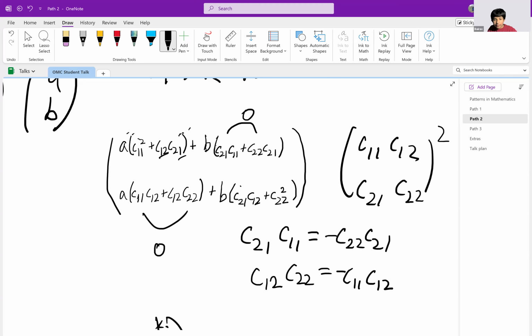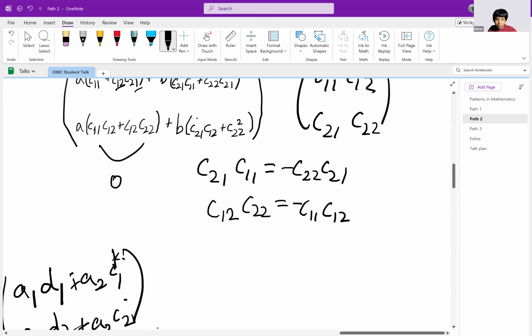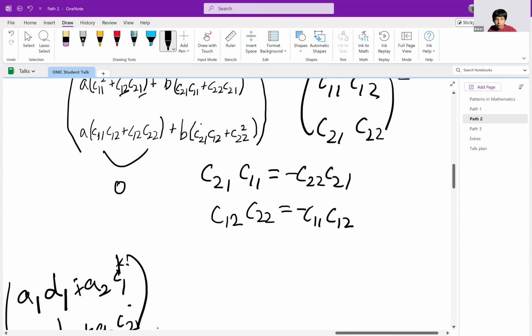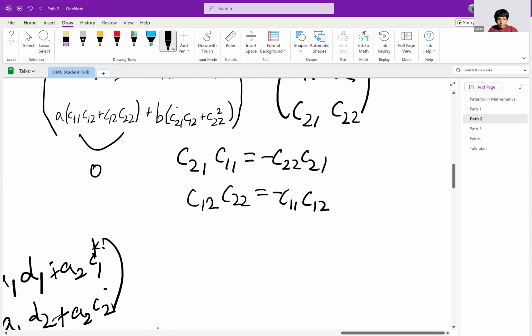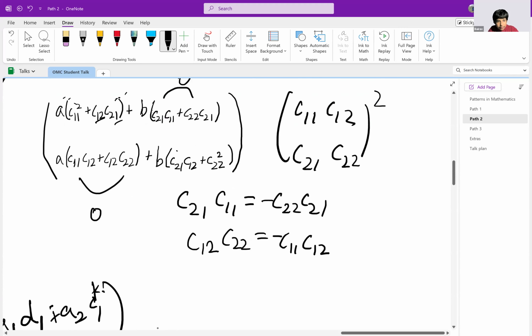So when we divide these two, wait a second. Sorry, oh, wait, yeah. Sorry.